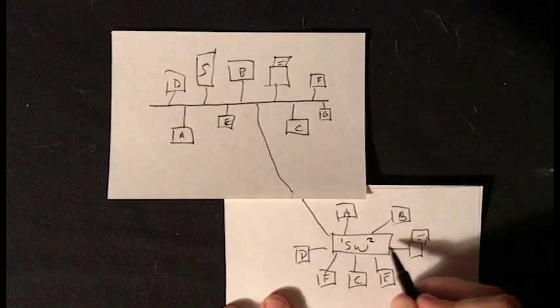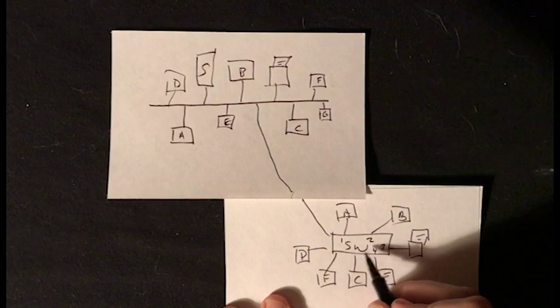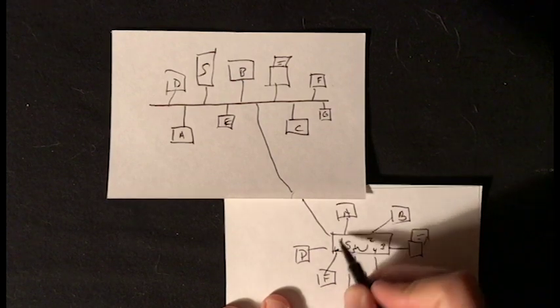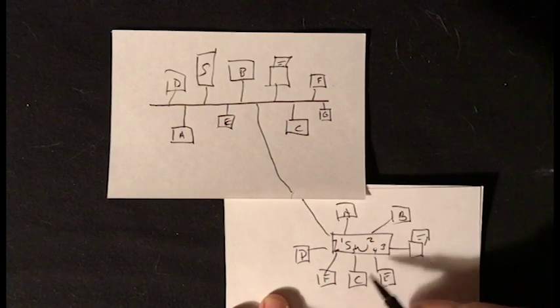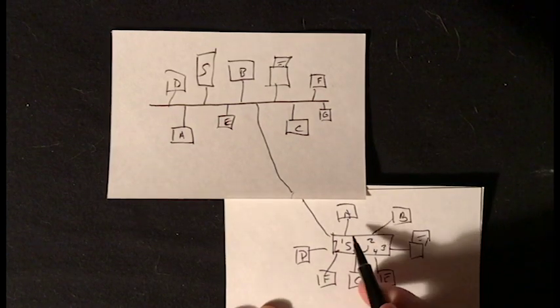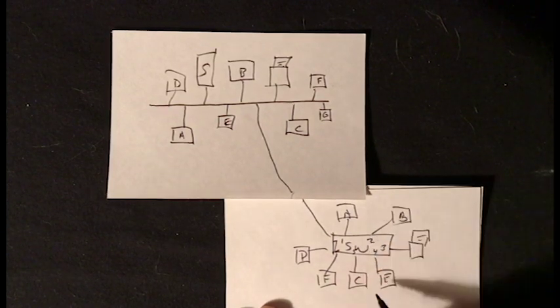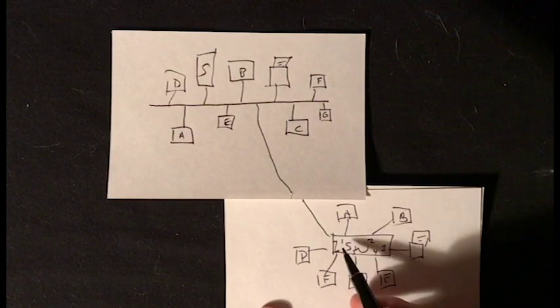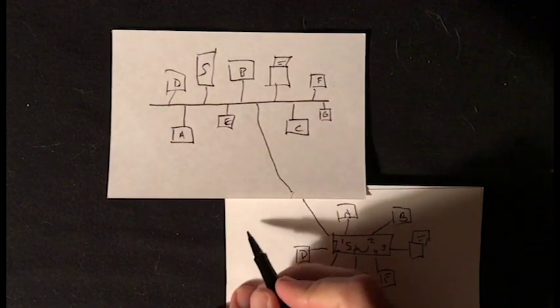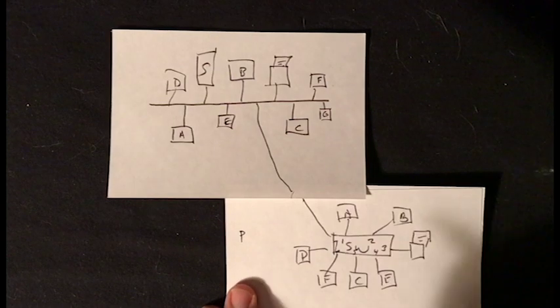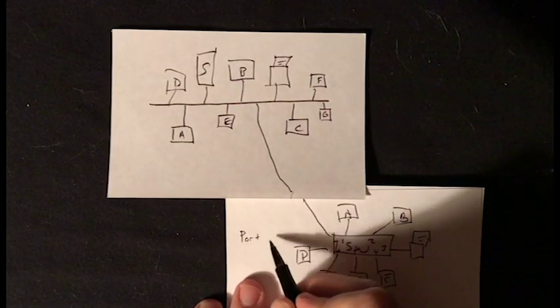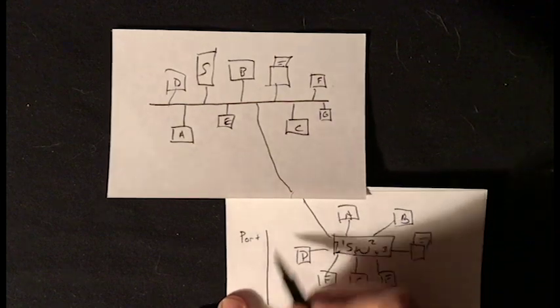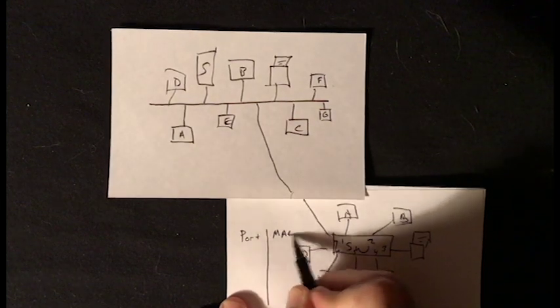So port 1, port 2, and so on. So as A talks to C over here, the switch notices, all right, A is sending a message to C, and it came in on port 1. So it builds a table, right? So what port is it, and what device is it? What's the MAC address? So it looks something like this.